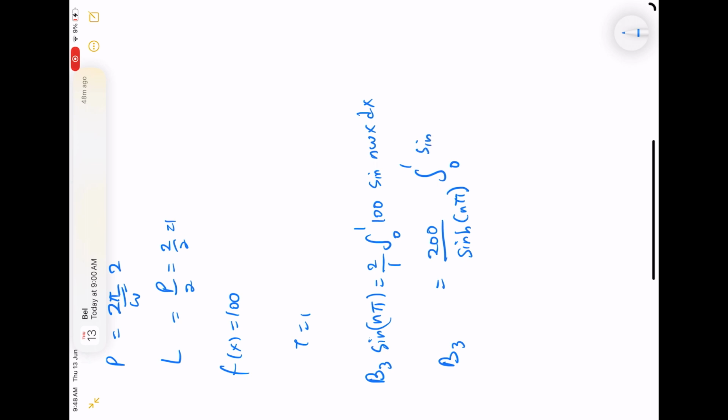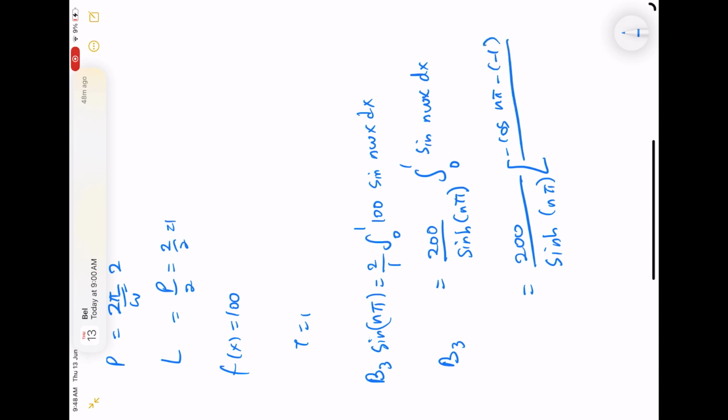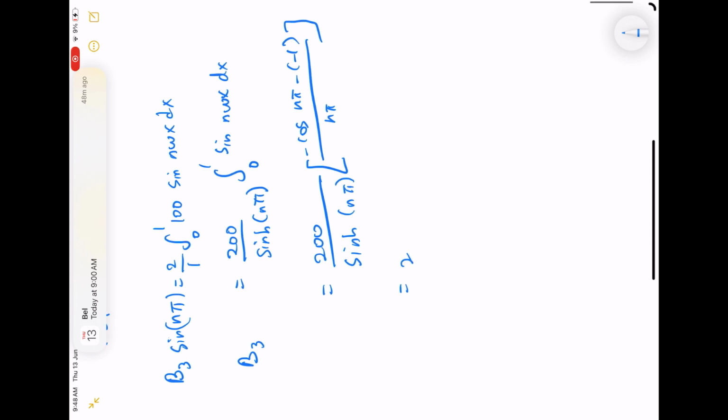You perform the simple integration here, and you will get 200 over sine n pi, and then negative cosine n pi over n pi, when you substitute. Then you will get 200 over n pi.